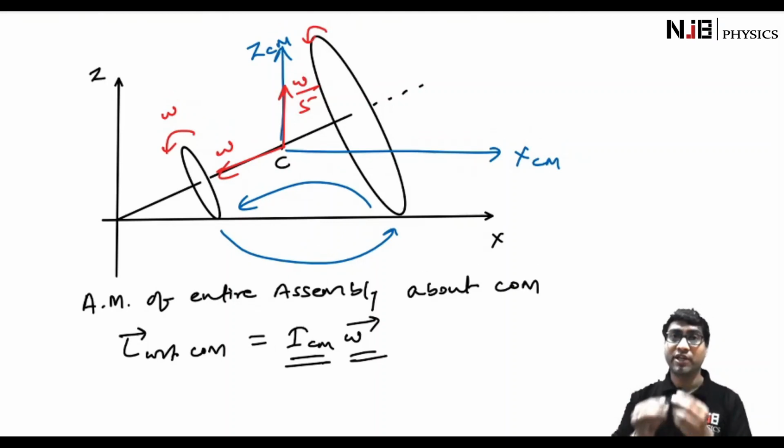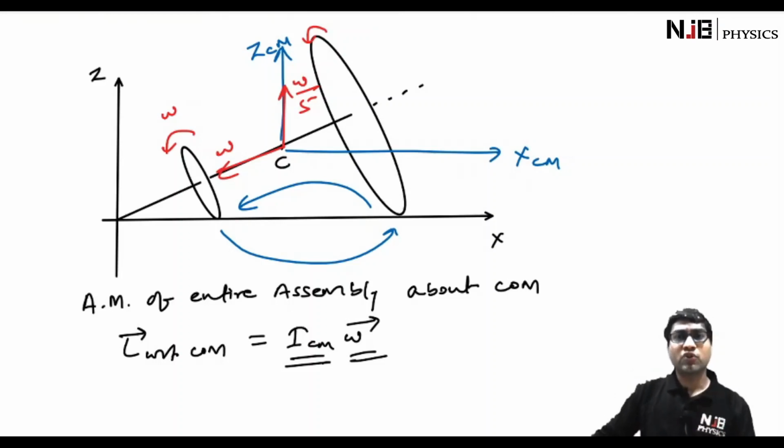So with respect to the center of mass, the smaller disc is rotating with angular velocity omega, and also rotating about the z-axis like this. And similarly, you have a bigger disc which is also rotating about this axis with angular velocity omega, and the entire disc is also rotating about the z-axis with an angular speed omega by 5.